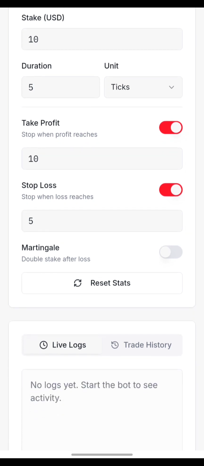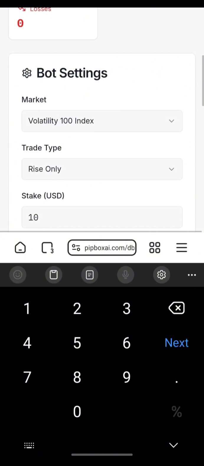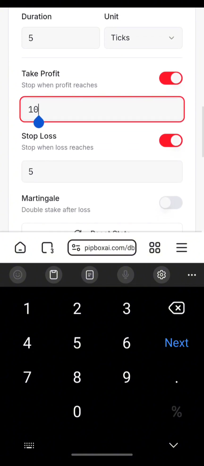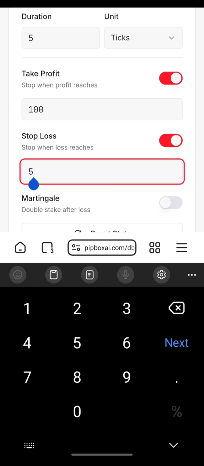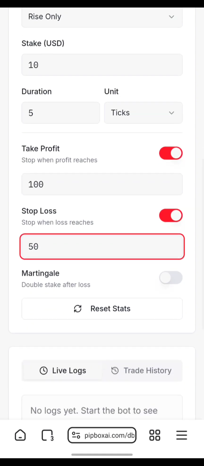And then you're going to set your take profit here. My take profit, I'm going to take it at 100, and I'm going to take my stop loss, if it hits a stop loss, that is at 50 USD.